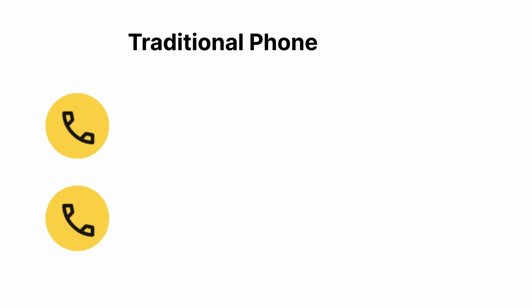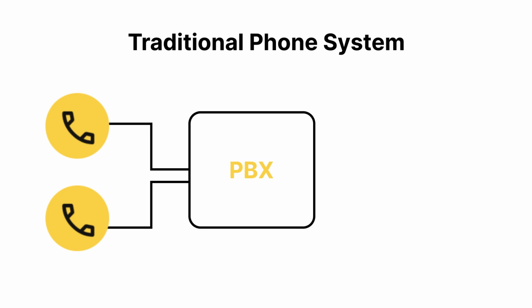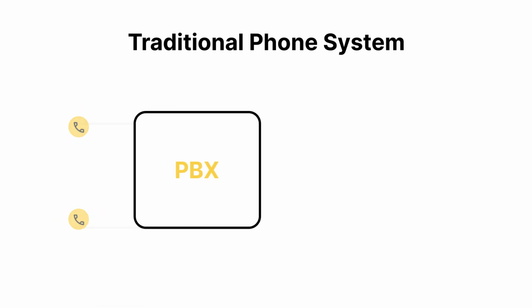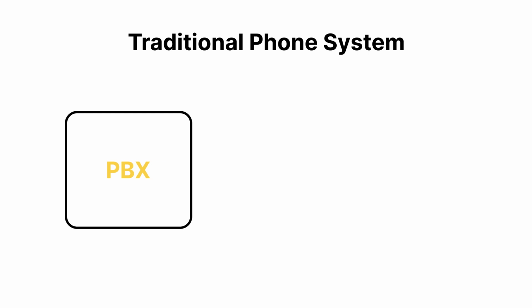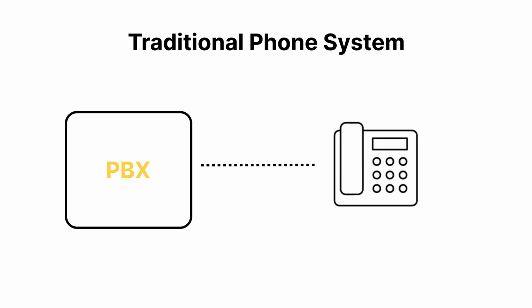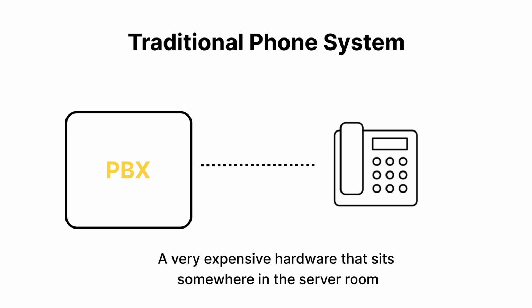Let's talk a little bit about how a VoIP phone system is different from a traditional phone system or a landline. A major difference is that traditional phone systems are connected to a PBX. A PBX basically routes calls to the landline. A PBX is nothing but a very expensive piece of hardware that sits somewhere in the server room.